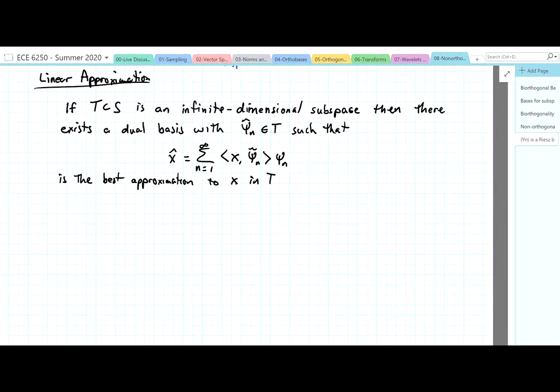It's saying that yes, even with an infinite dimensional subspace, we do have best approximations within that space.